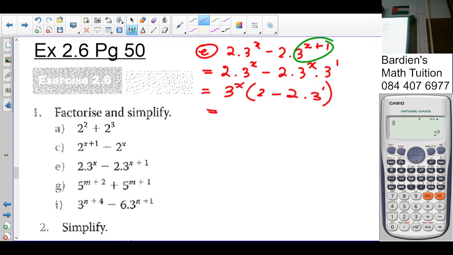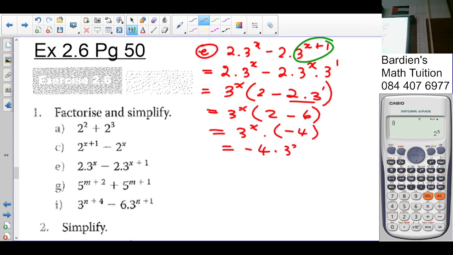Not so? According to BODMAS, multiplication first. So it's 2 minus the 2 times 3, 6. So it's 3 to the x times 2 minus 6, negative 4. Always write the number in front, so it's negative 4 times 3 to the x. Okay? You see you've done with G as well?